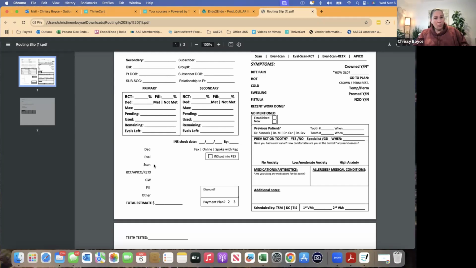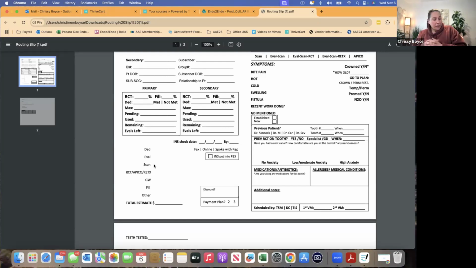So what we do is we charge the evaluation fee, the 0140, and I believe it's like 250, but I need to verify this with them, and that includes everything. So you're not nickel and diming the patient for all these things. It's just the cost of the evaluation. It's 250. So whether you take 1 x-ray or 2 x-rays or 10 x-rays, it doesn't matter. We don't charge separately for that.